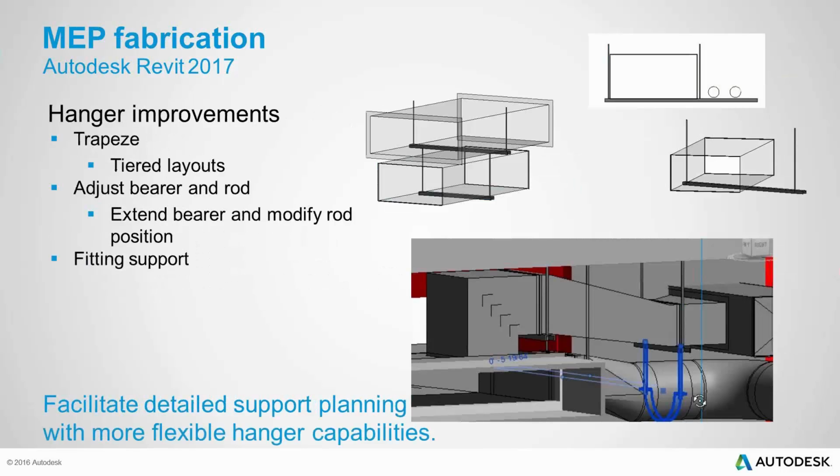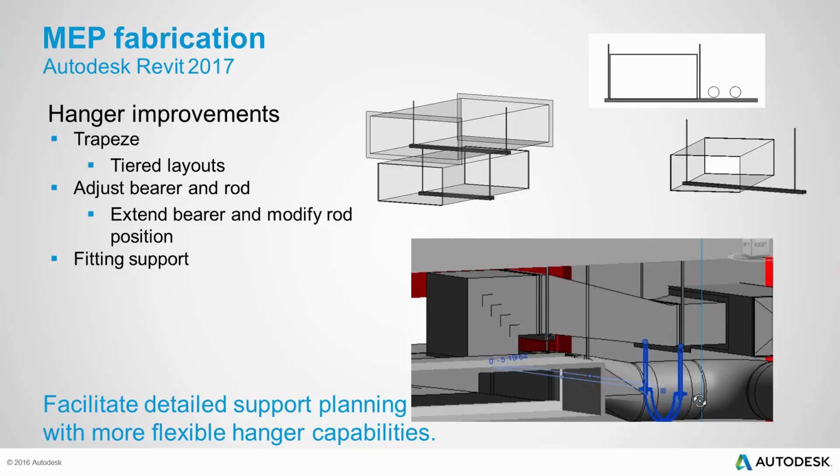Hanger improvements. A new type of hanger has been added, so we now have the ability to create trapeze hangers so that you can support one hanger from another. You can also now adjust the rod position of a hanger to coordinate with either structural locations or other services, and we can also now create cantilevered elements that allow you to extend the bearer on a hanger support so that you can support additional services on that hanger.